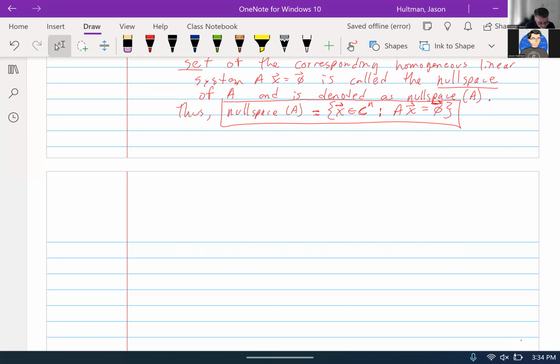Example 4. Let A be equal to 1, negative 1, 1, 2, 3, 1.